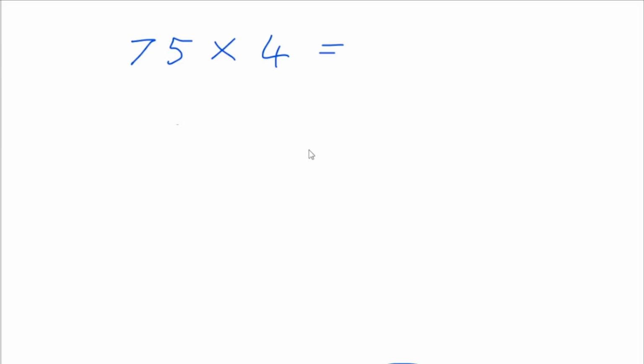Here we've got 75 times 4, and it would be great if that was 25 times 4, because then it would be 100. But if you know that the 75 is 3 times 25, then you can sort of manage to get a 25 times 4 in there. So that's really 3 times 100.